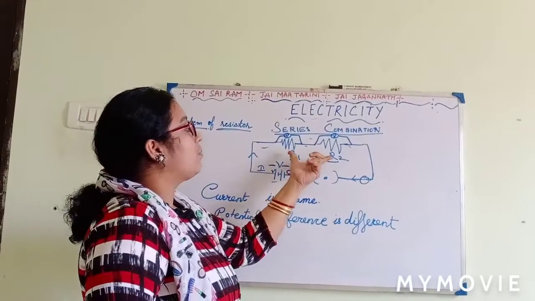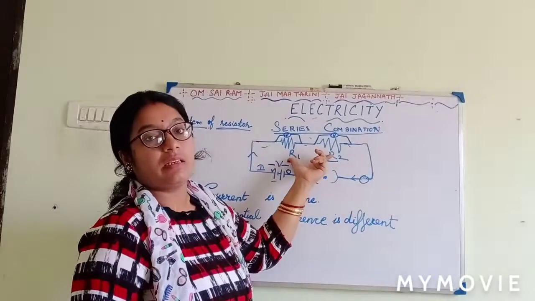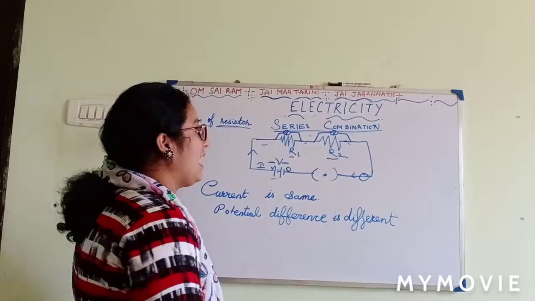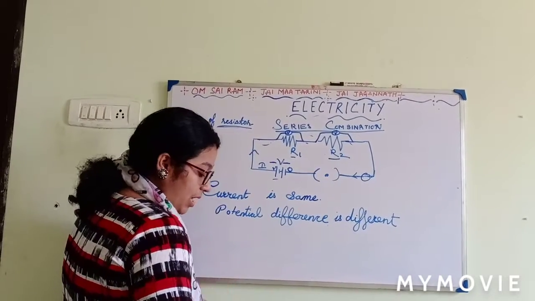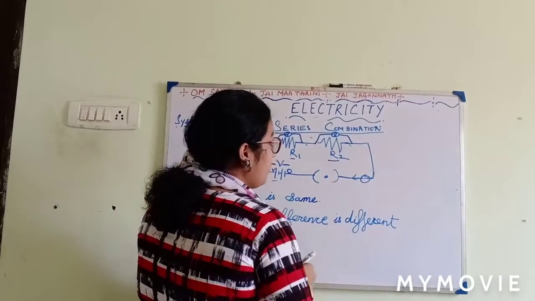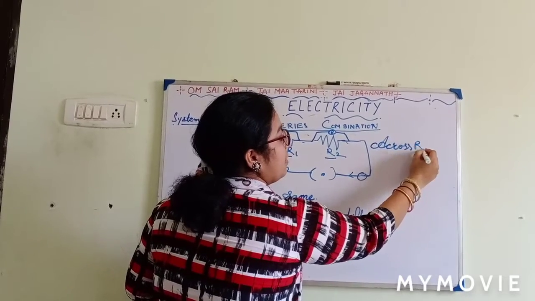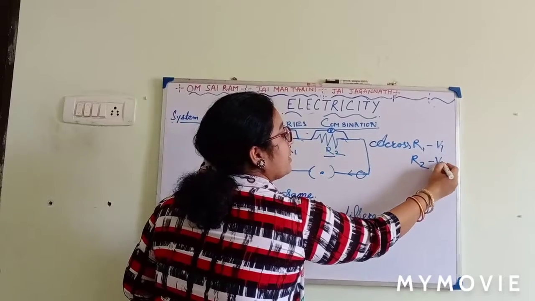Now we see that in both the cases, when the voltmeter is connected across the resistors, the voltmeter readings are different. So I name the voltmeter on this side as V1 and this side as V2. So across R1 the voltmeter reading is V1 and across R2 the voltmeter reading is V2.